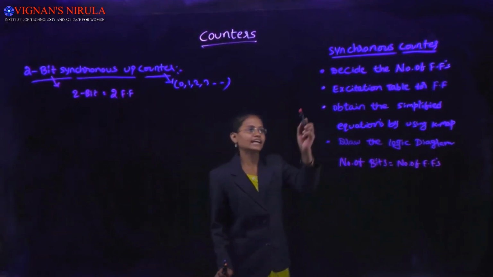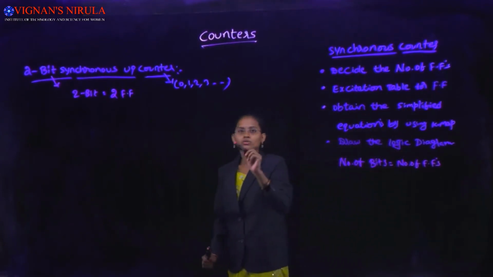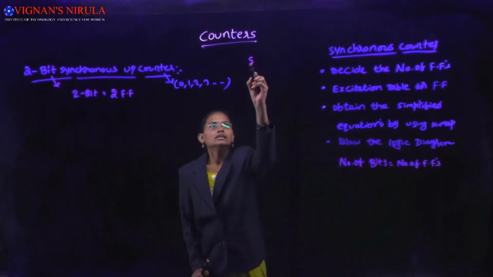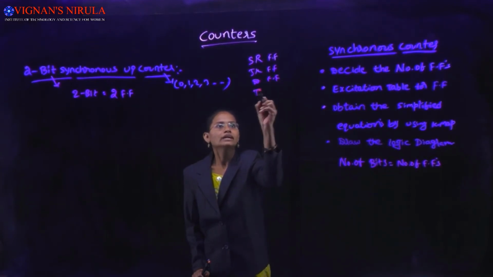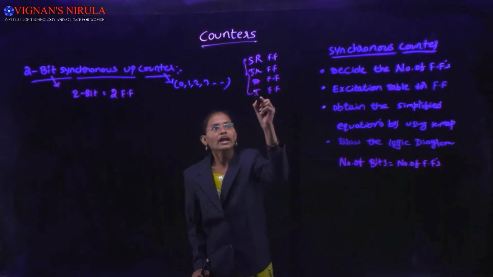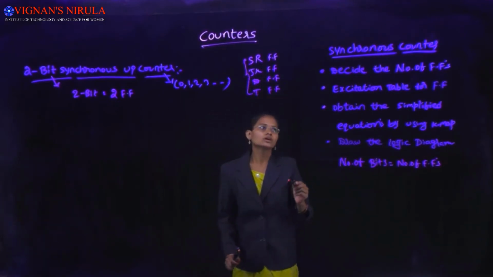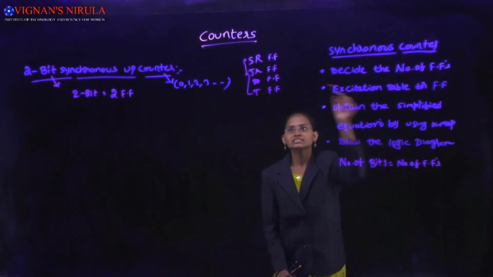And next second step is excitation table for flip-flops. Here we can use the SR flip-flop or JK flip-flop, D flip-flop and T flip-flop. You can use any flip-flop, and draw the excitation table for that flip-flop.